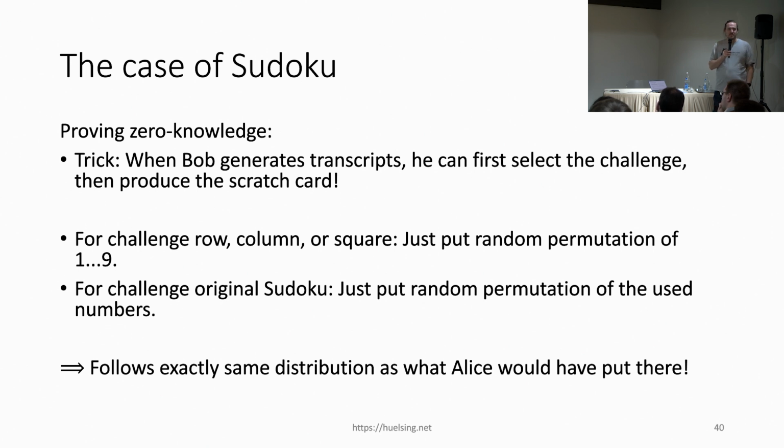And this will be indistinguishable from what Alice gets. This is exactly the same distribution. I will just put a random permutation of 1 to 9 into the row if I have to open it. And this is exactly what Alice has there. She actually knows the secret. And the same for the other parts. And this means Bob cannot have learned anything from this interaction.